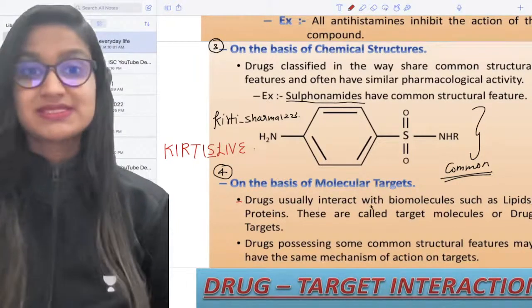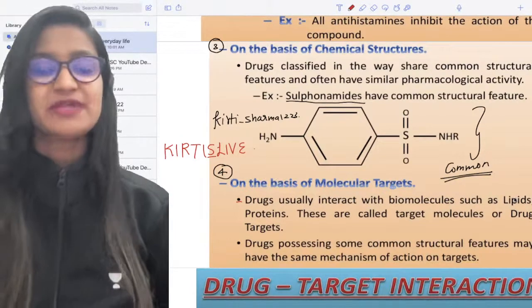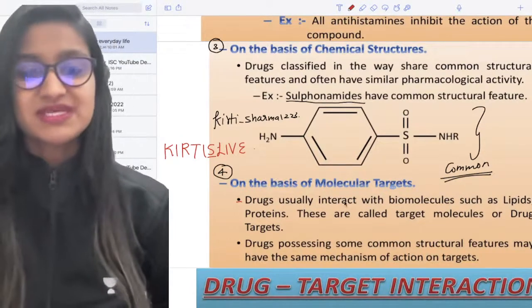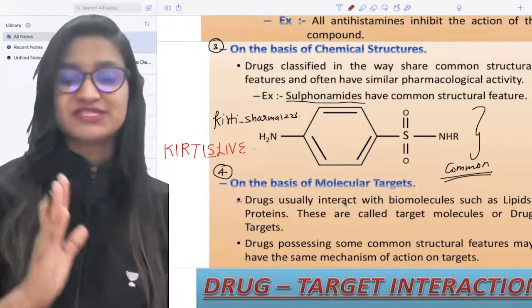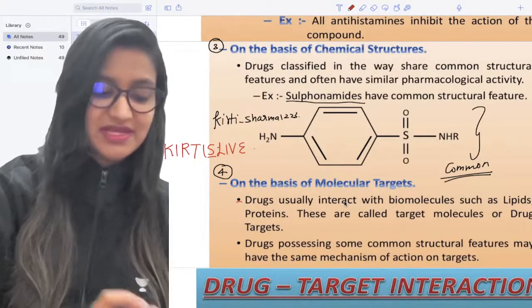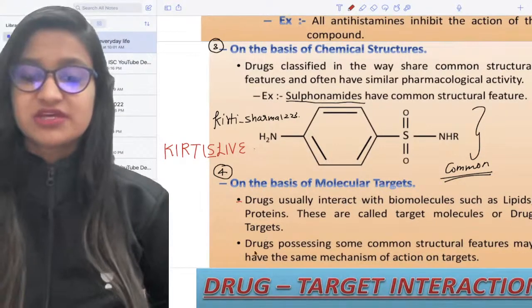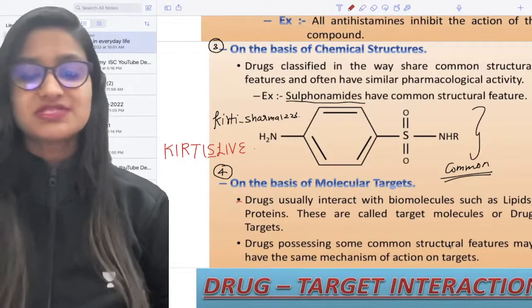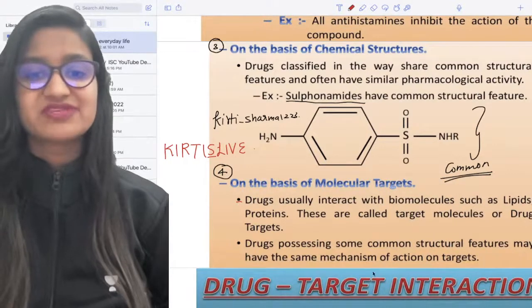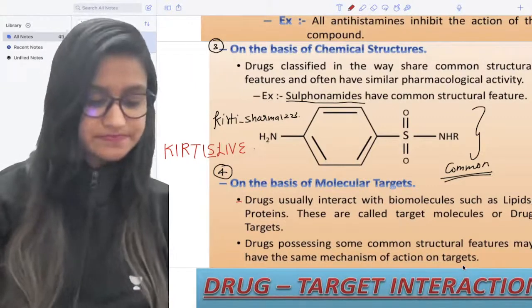Drugs usually interact with biomolecules such as lipids and proteins. These are called target molecules, or drug targets. Drugs possessing some common structural features may have the same mechanism of action on targets. Cool?